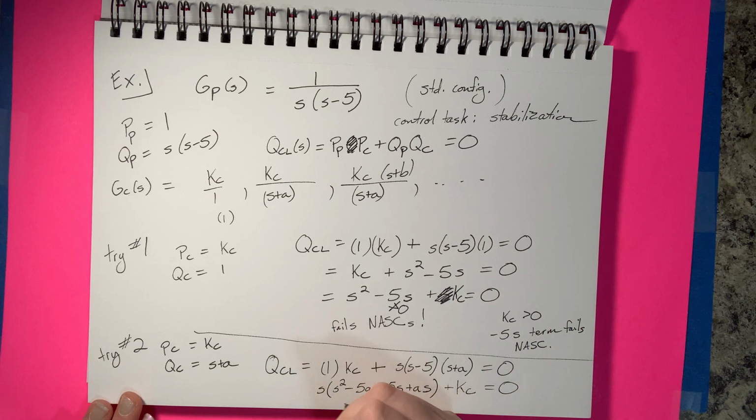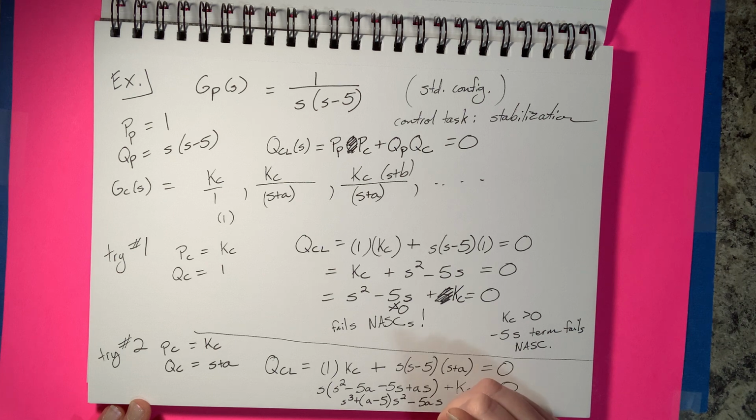In the very end, we have S cubed, and then a minus 5 S squared, and then we have a minus 5a times S, and we have our Kc at the very end.